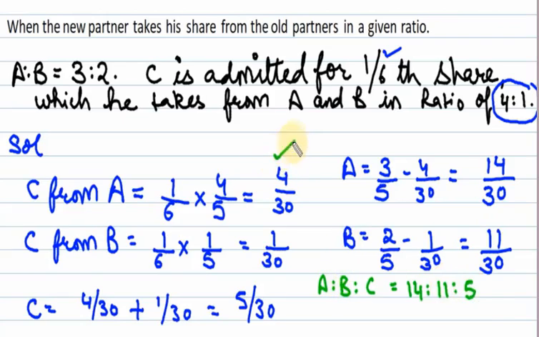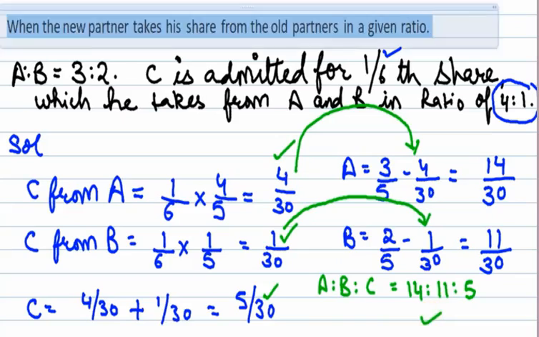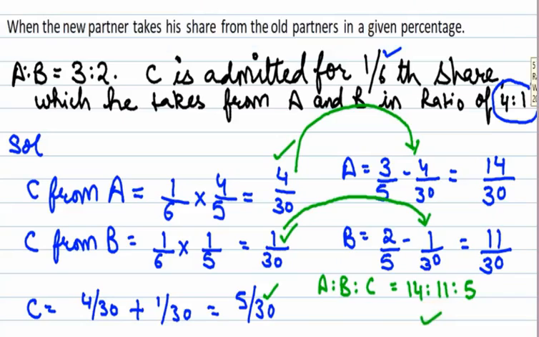We first found what share he is taking from A and what from B. We added them to find the share of C, and we subtracted what he took from A's old share and what he took from B's old share, and we arrived at their new profit sharing ratio. It can also be given in percentage form.